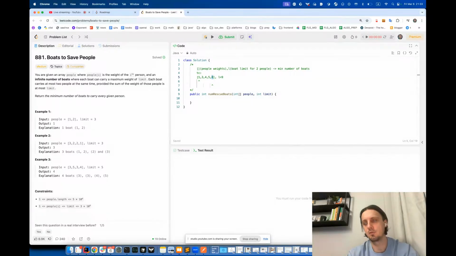If it's possible to place 2 people here, because we should take the maximum from here. So if it's possible to put these 2 people, it means that all other people, not always, but let's think about it.